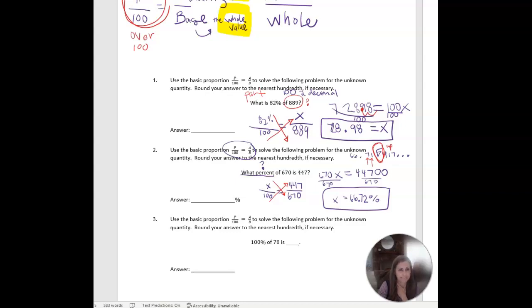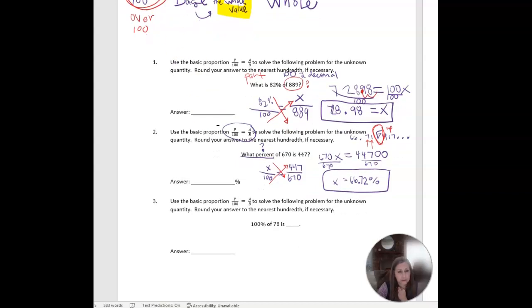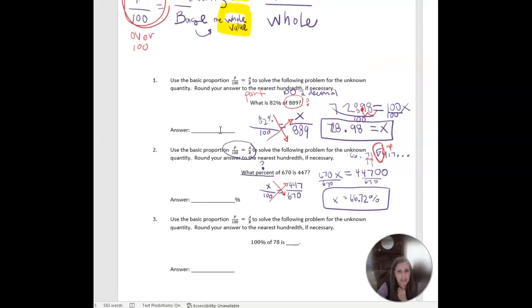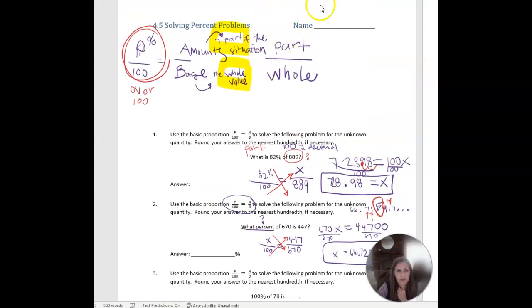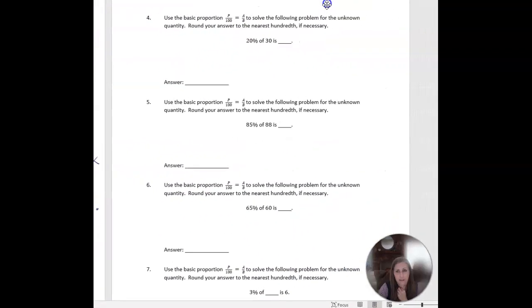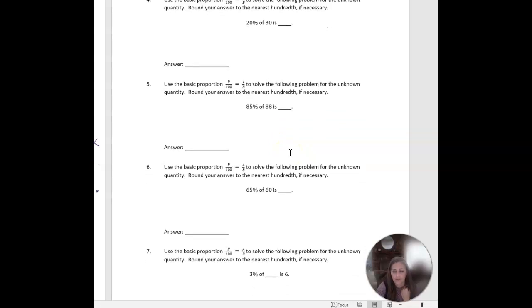Okay. I'm going to skip 3 because it's like number 1. Let's move over here. Number 4, number 5, all of these, if you look at the phrasing, they're exactly the same, the beauty of Hawks.